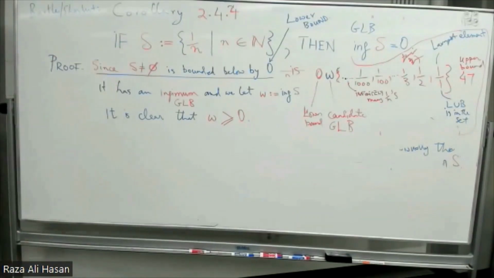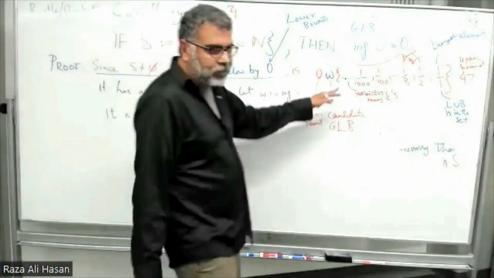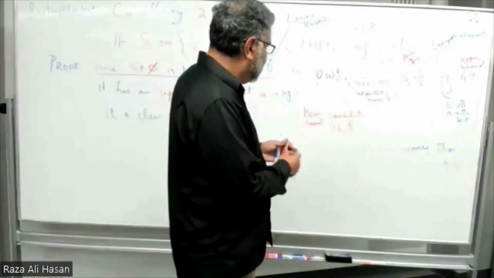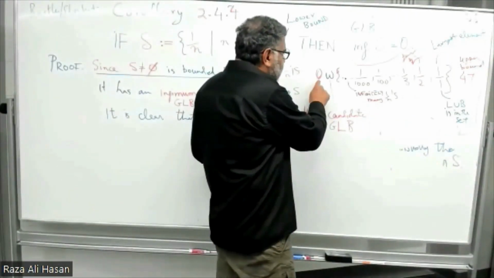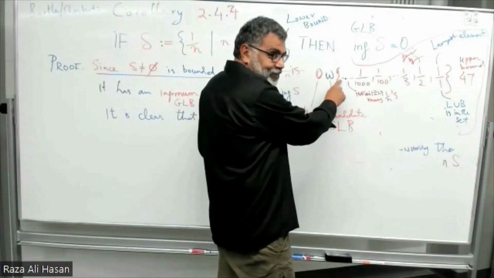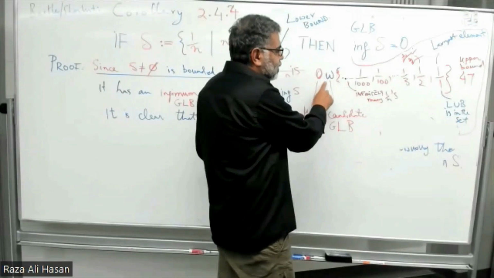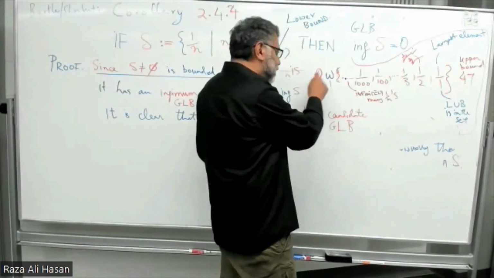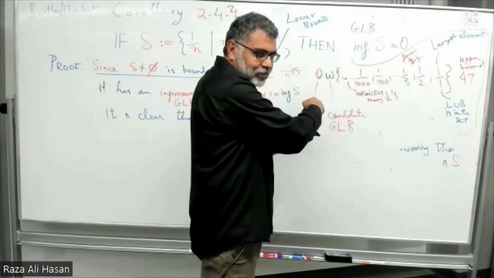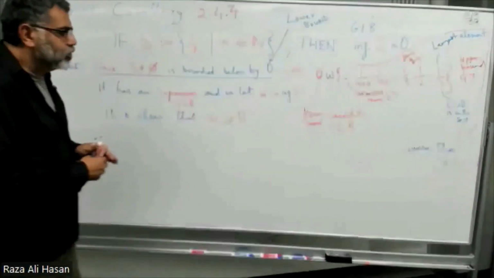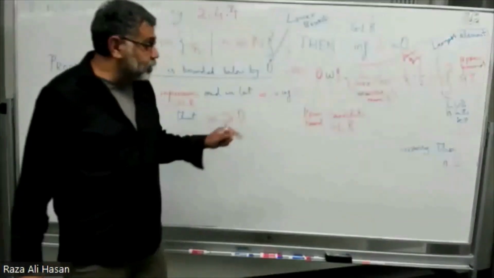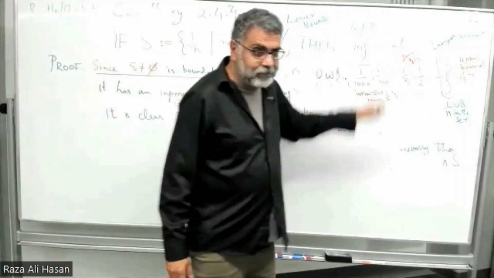In fact, if you look at it here, between 0 and this, W cannot sit, because there will be another W that's smaller. We can divide W by 2, and divide it by 2 again. So the candidate GLB is not going to work. This is our candidate, this is the actual one, as the theorem says.